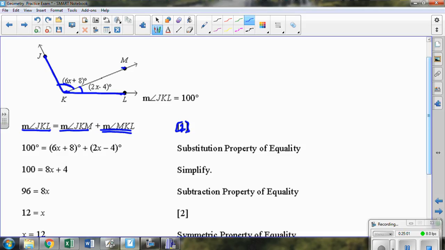MKL was the second part. You are expected to recognize that this equation came from taking piece plus piece equals the whole. And we know that when you take the piece plus the piece to equal the whole, that was the angle addition postulate, going back to our previous unit.